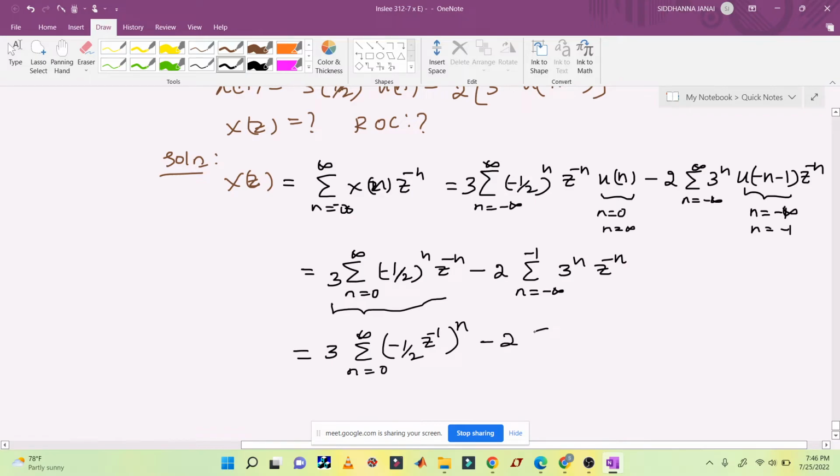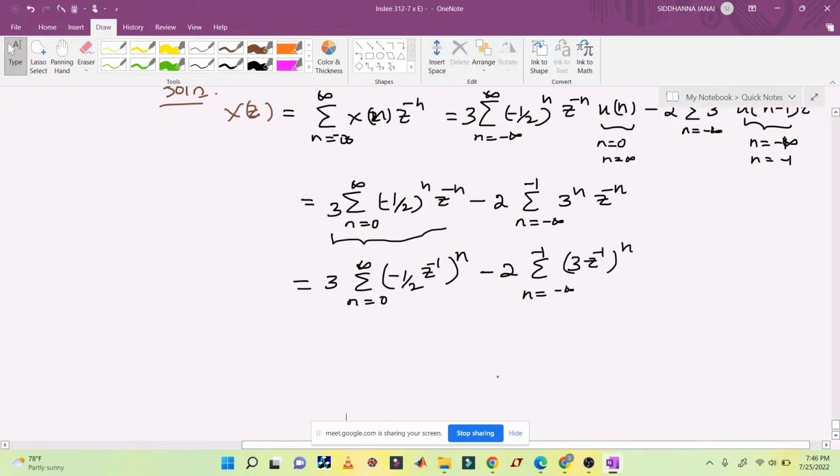Similarly, this is minus 2, summation n equal to minus infinity to minus 1 of (3 z inverse) to the power n. Now this is easy to solve for us, a to the power n, but here n is from minus infinity to minus 1.